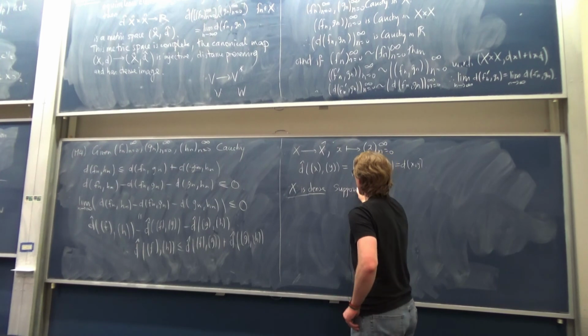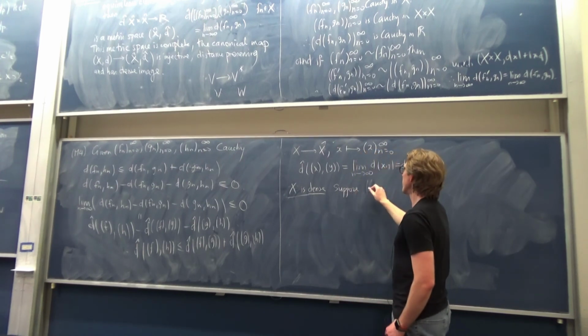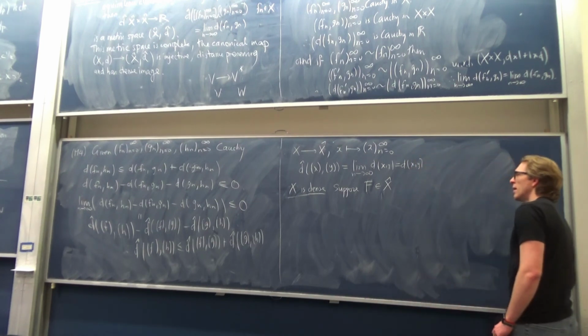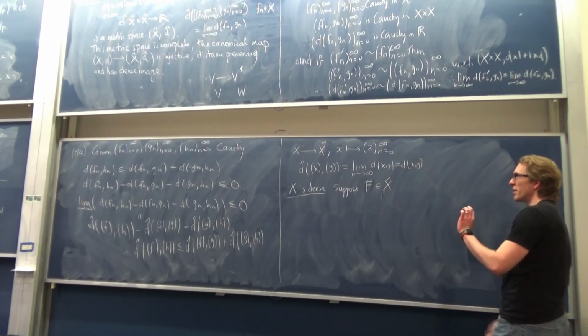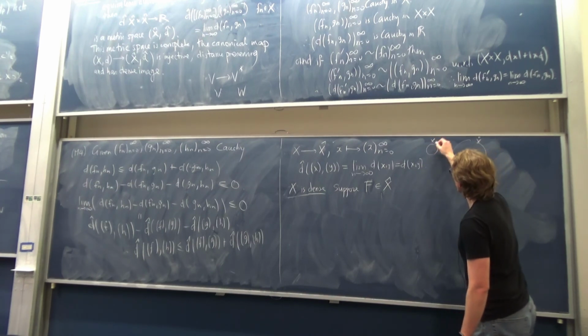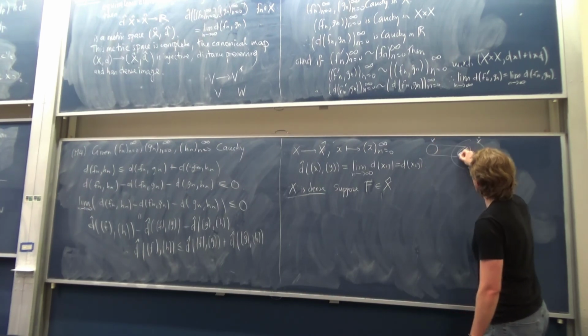So how do I do that? Well, I just take an arbitrary element of x hat, and I need to provide a Cauchy sequence. So there's x hat, there's x. I've defined an injective map.